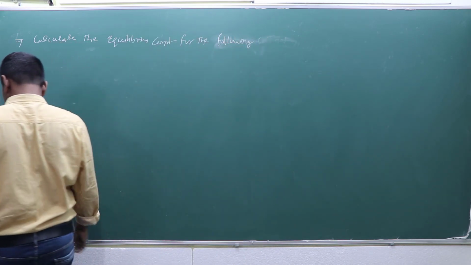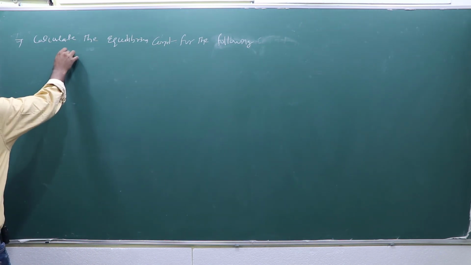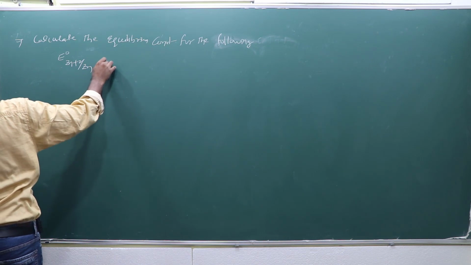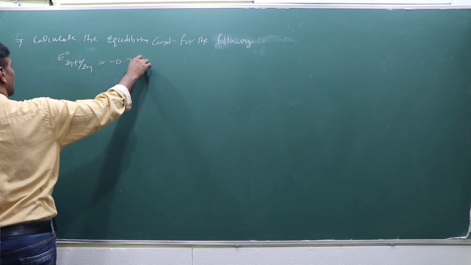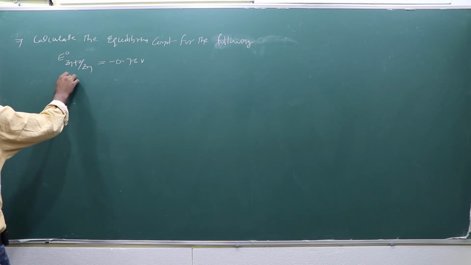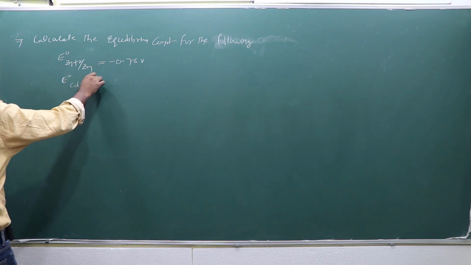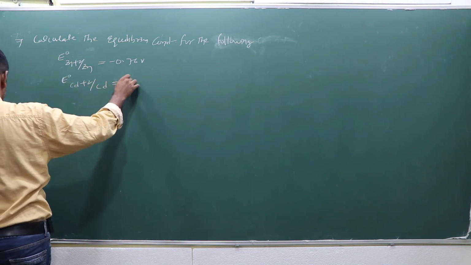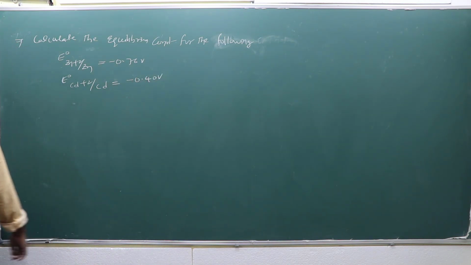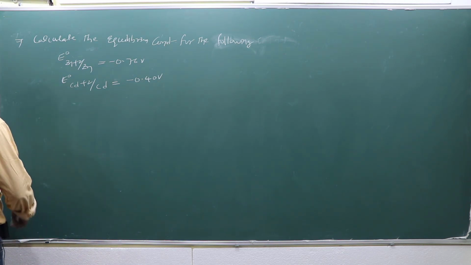Not mention the cell notation. For the following, E0 of zinc plus 2 zinc is equal to minus 0.76 volts. E0 of cadmium plus 2 cadmium is minus 0.40 volts.